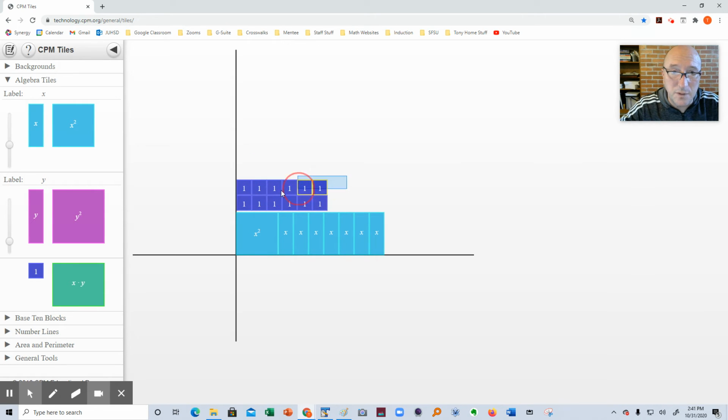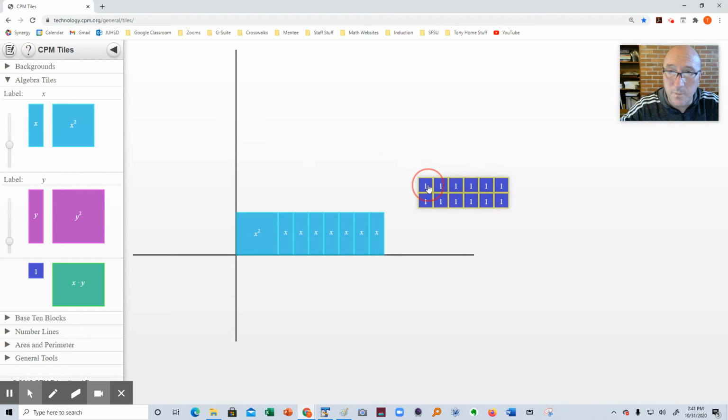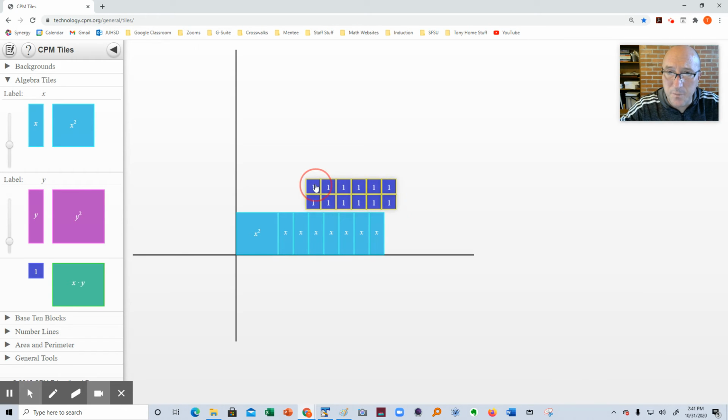Well, that's not a very convincing rectangle right there. It's going to take me a little while to do this. You might have to speed up the video to watch me do this. Yeah, that's not going to work. That doesn't look very good. How about if I did something like rotate it? I think if I line these up, they line up pretty good.